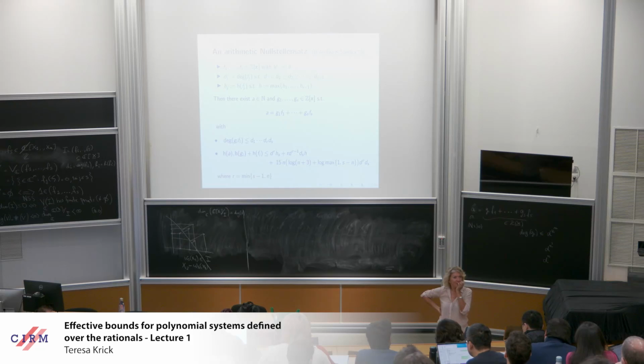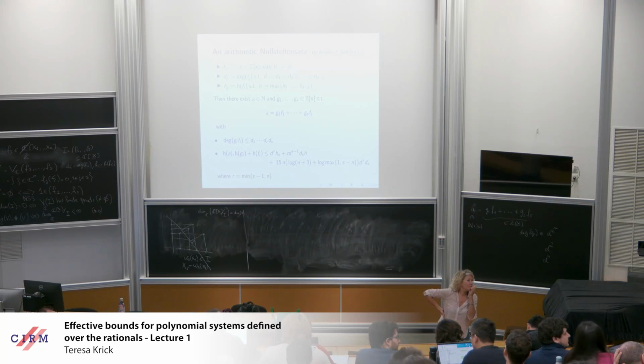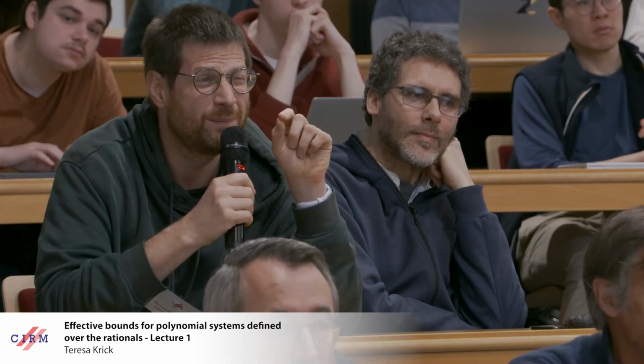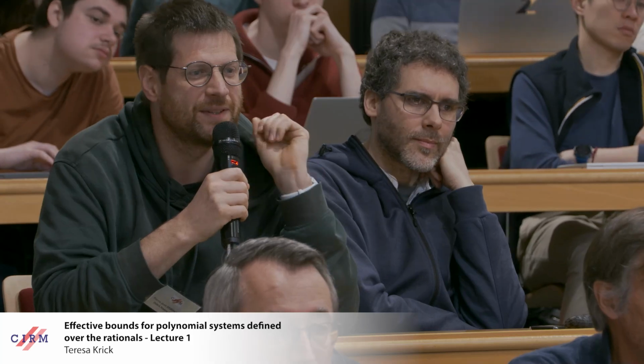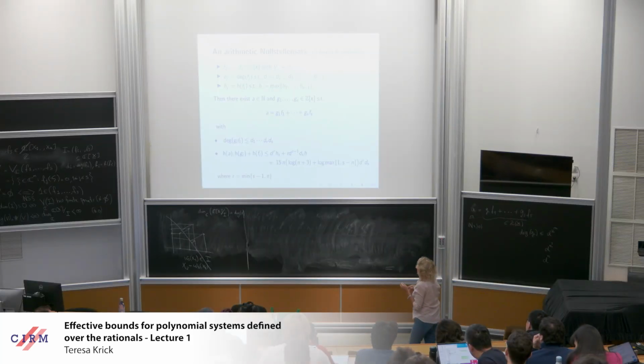Another question. I was just wondering if there is some dependency in the constant in the bounds with respect to the base of the logarithm that you choose. Actually, yes, I chose 2, but you will see that every time, on the left and on the right, you have the same logarithms. So there is no difference.